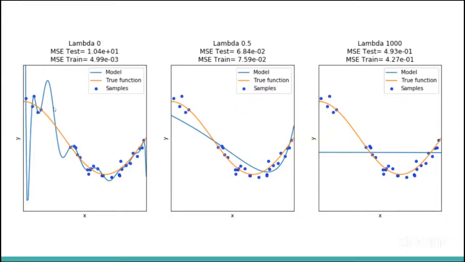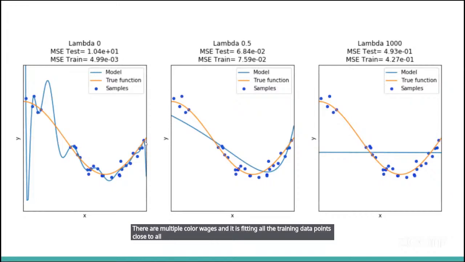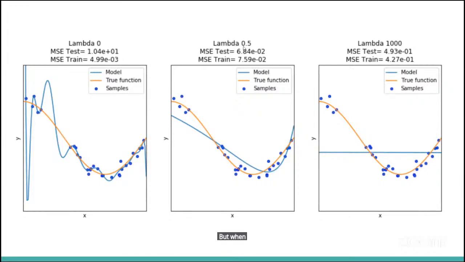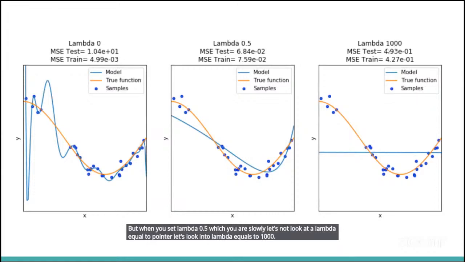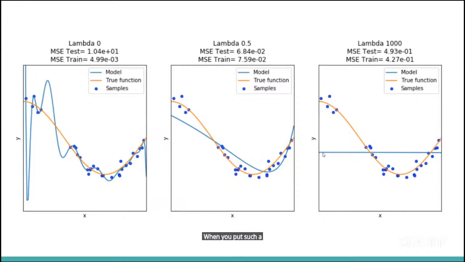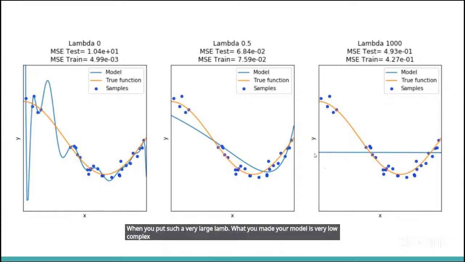There are multiple curvatures and it is fitting close to all training data points. But let's look into lambda equal to 1000. When you put such a very large lambda, your model becomes very low complexity, just trying to fit a linear line.